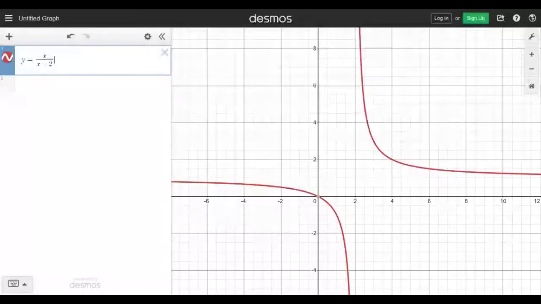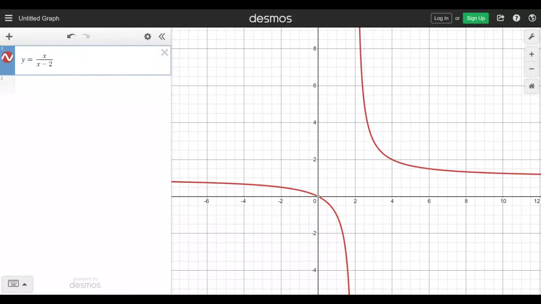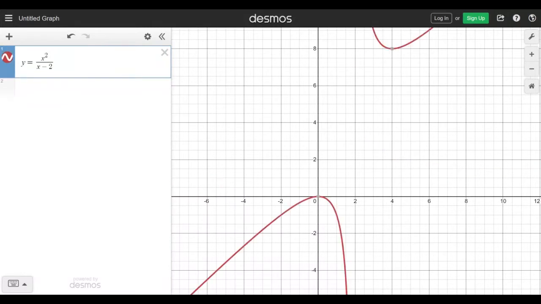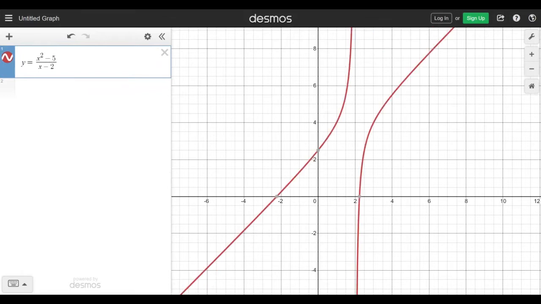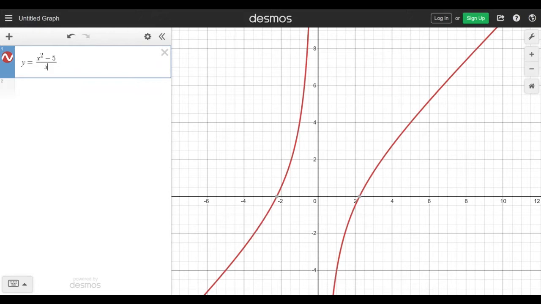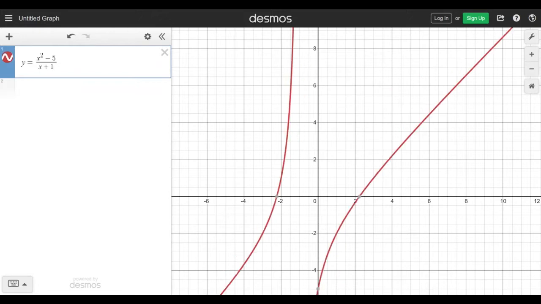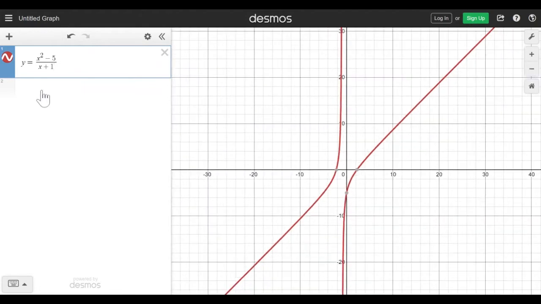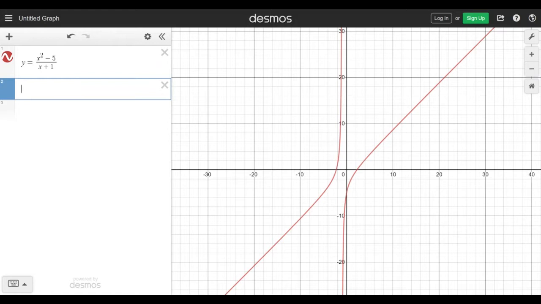Okay, so let's have the given f of x here. We have x squared minus 5, and the bottom part would be x plus 1. And our answer was, our vertical asymptote was setting the bottom equal to 0, so that would be x is equal to negative 1.